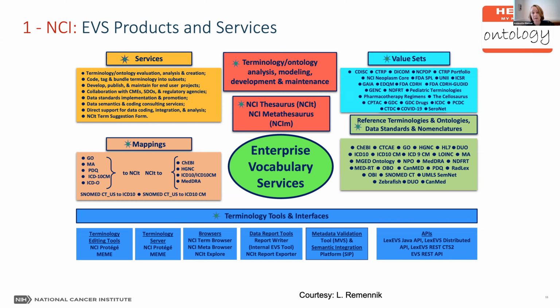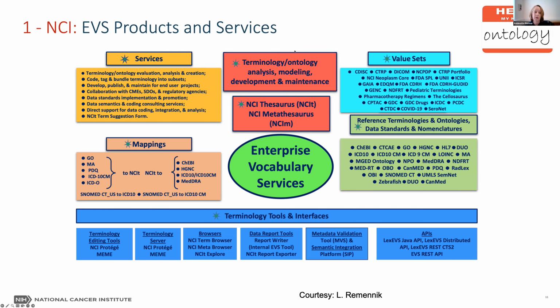So key to that are our NCI thesaurus and the NCI meta thesaurus. And these two content repositories contain terminologies and ontologies that provide a wealth of information, not just the concepts themselves, but robust definitions and parent-child relationships and synonyms that can be used for a variety of different purposes.